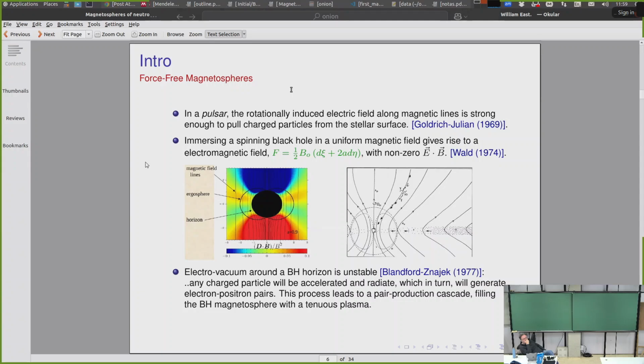This crust provides a very good and natural description for the boundary conditions. So in the code we are looking at the exterior. We are assuming that there is some initial magnetic field frozen in the crust, and from the perfectly conducting assumption, we can derive the boundary conditions.